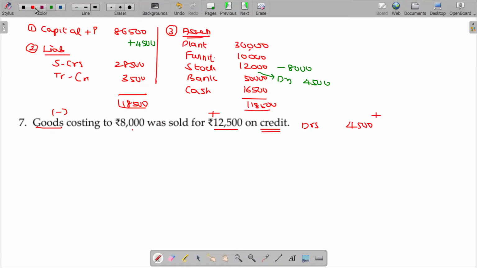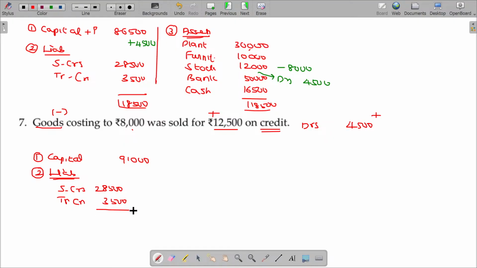Now, let's see. On the liability side, the capital value is affected. 86,500 plus 4,500, now it is 91,000. And the second one is all about liabilities. Under the liabilities, we have sundry creditors, the value being 28,500. Trade creditors, the value being 3,500.